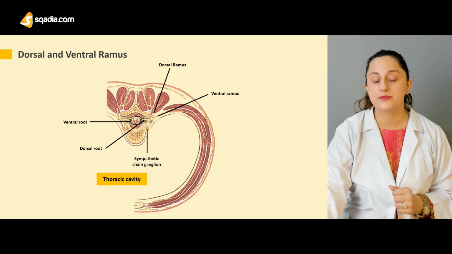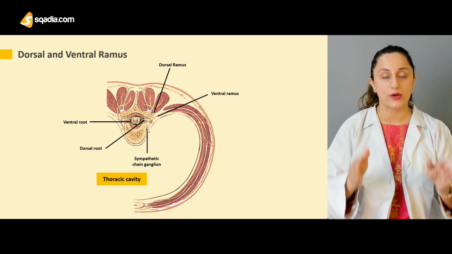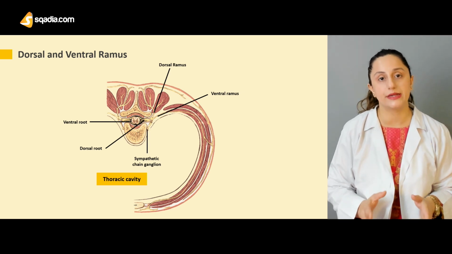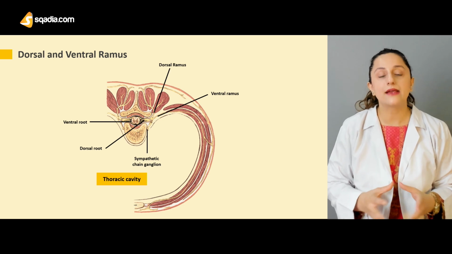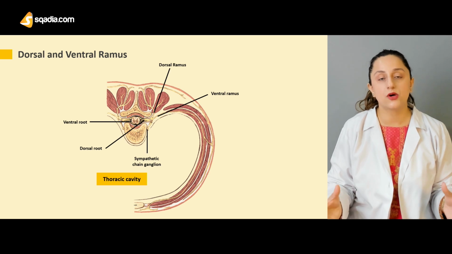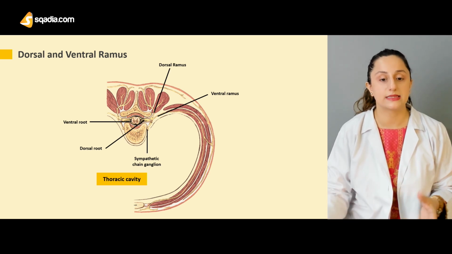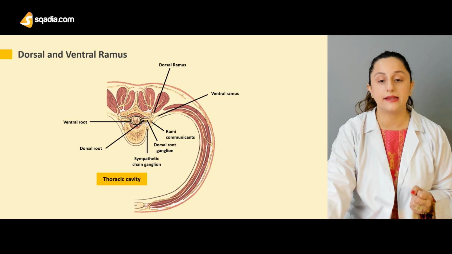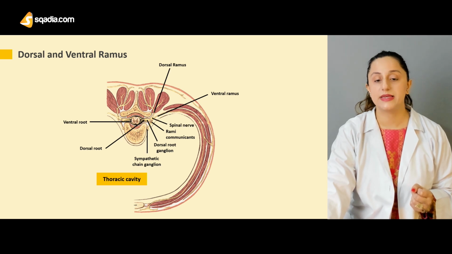And then this is the sympathetic chain ganglion, which runs laterally to the spinal cord throughout the vertebral column and provides the sympathetic nervous system a particular gateway. Then we have the dorsal root ganglion, and these are the rami communicantes in between. This is the spinal nerve, which gives way to the dorsal ramus and the ventral ramus.